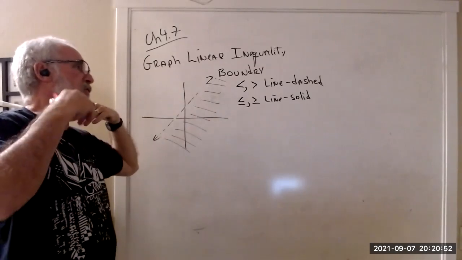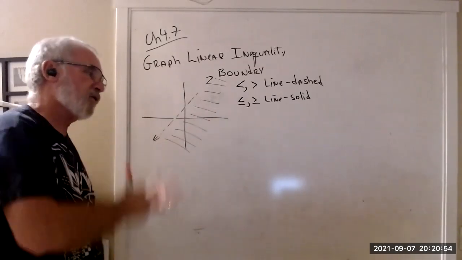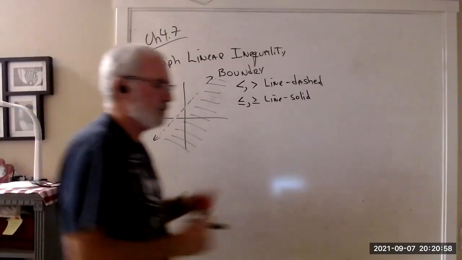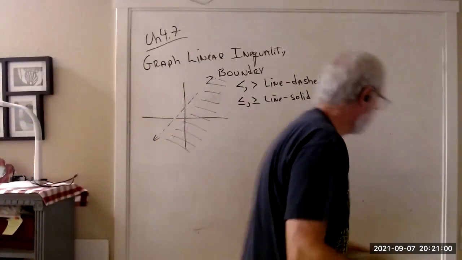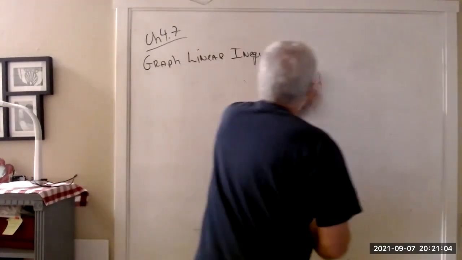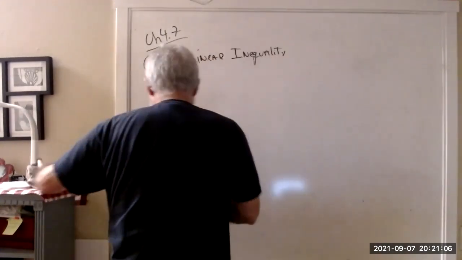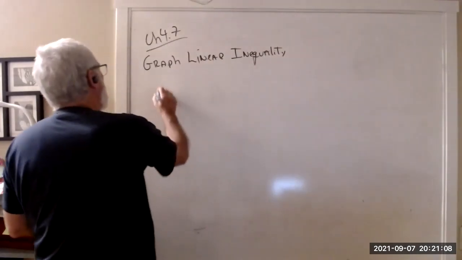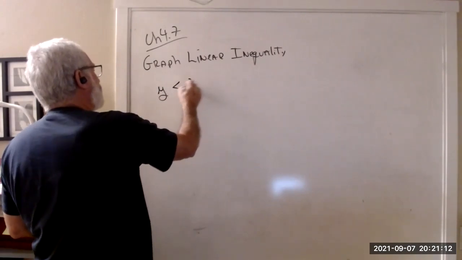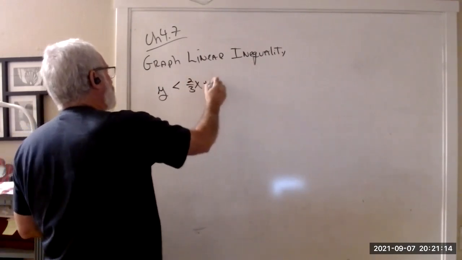And there's trick ways and regular ways and all kinds of stuff. So let's just do it and see how we can get over this. All right, real simple. y less than 2/3 x plus 4.